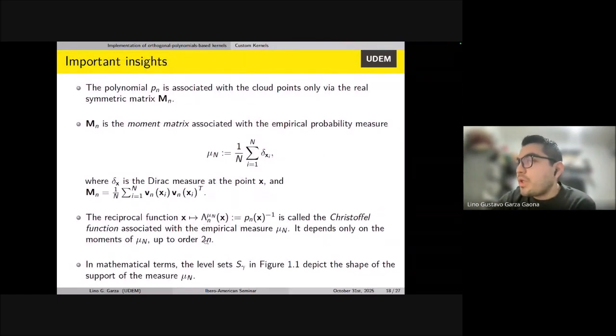And also they say that you can have an idea of the shape of the support of the measure. They also say that when you consider this polynomial minus one, it is the Christoffel function, which is associated with the Christoffel-Darboux kernel.